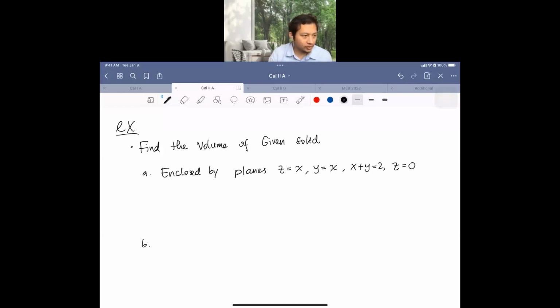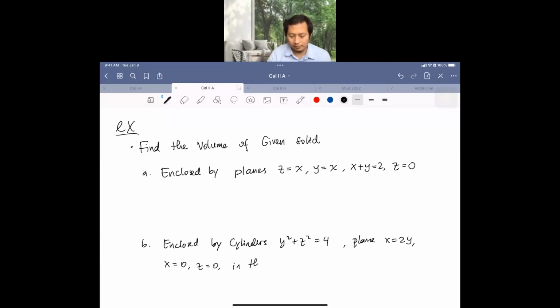And the second is enclosed by cylinders y squared plus z squared equals 4, plane x equals 2y, x equals 0, z equals 0 in the first octant.